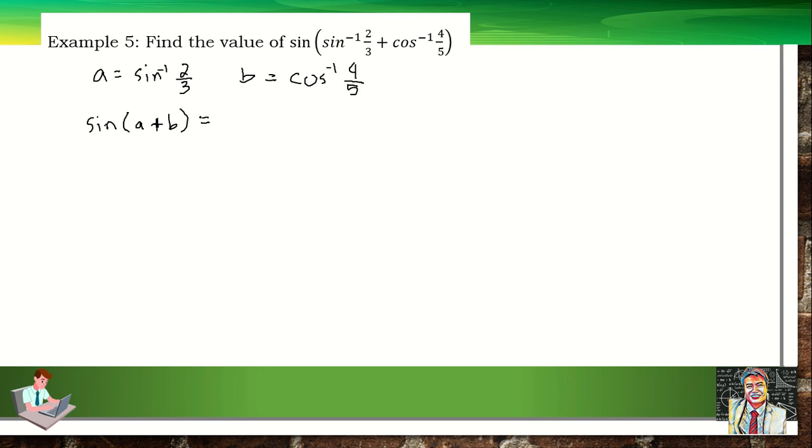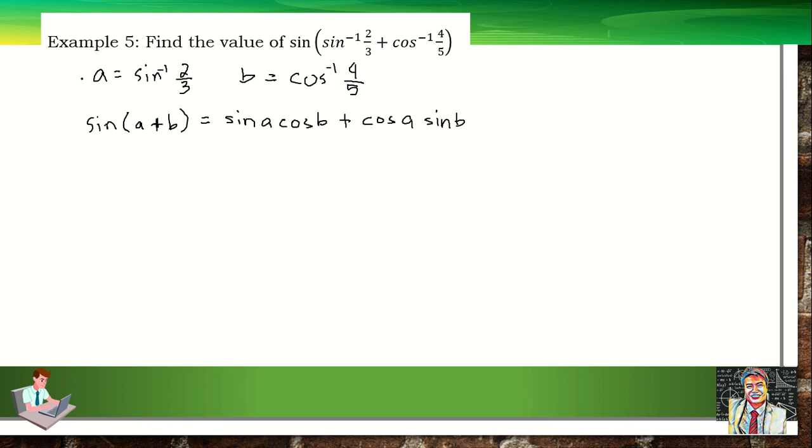Di ba yan, sin cos, cos sin. So, sin A cos B, plus, since plus yung operation natin, cos A sin B. Okay? So, ibig sabihin, if i-perform ko lang to, kailangan ko lang ng values for sin A, cos B, cos A, sin B.